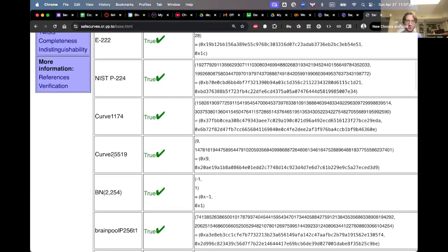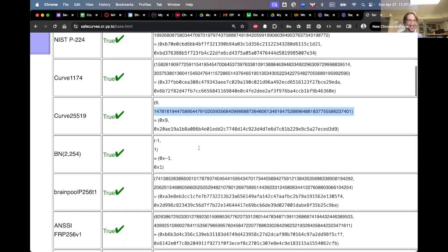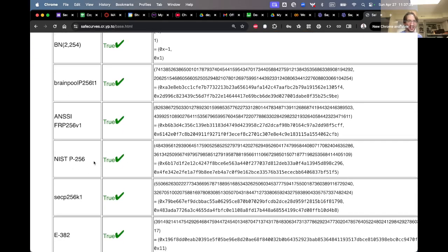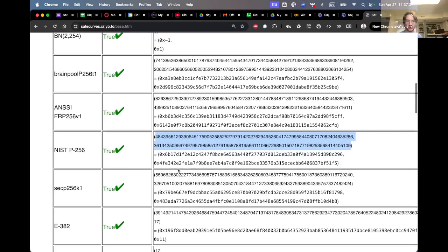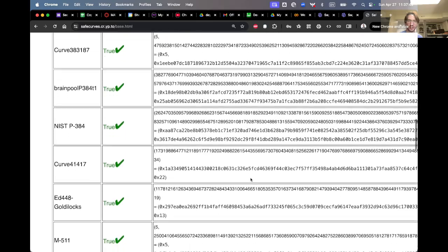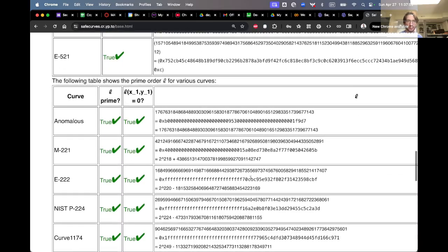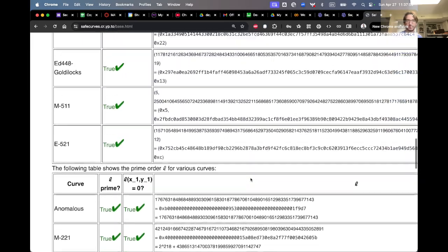For curve 25519, the base point's x coordinate is 9, and the y coordinate is that number. For NIST P256, we see those numbers that we used in that example. SECP 256K1, which had really nice parameters up until this point, has these big numbers for the base point, and so on, right? So you can look at all these base points as well, which is pretty cool.